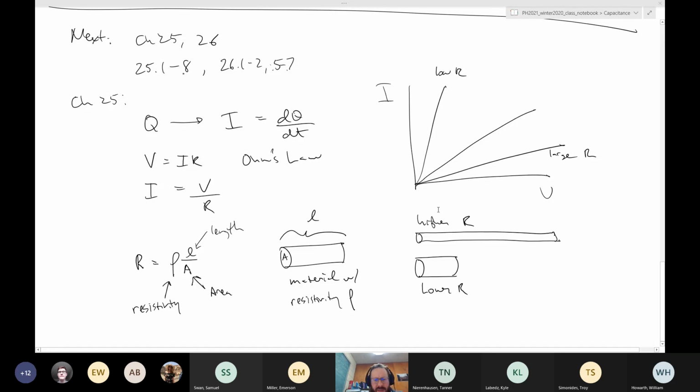So question for you guys, have you seen this idea of resistivity before? I would expect you hadn't, but maybe if you have, where have you seen it? Just out of curiosity.